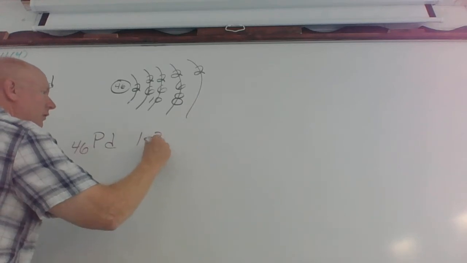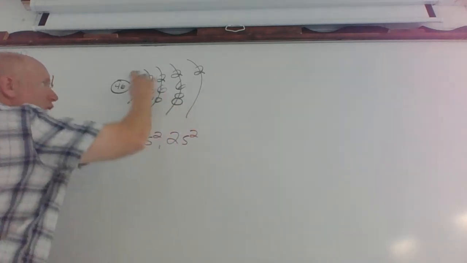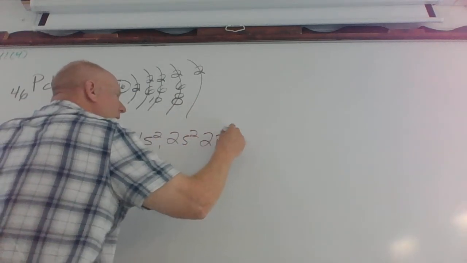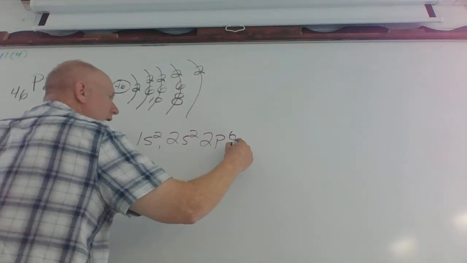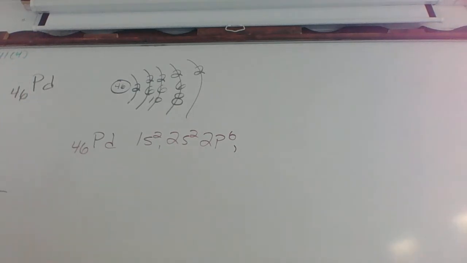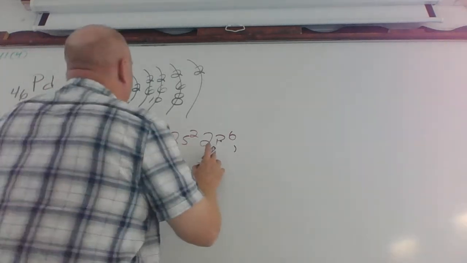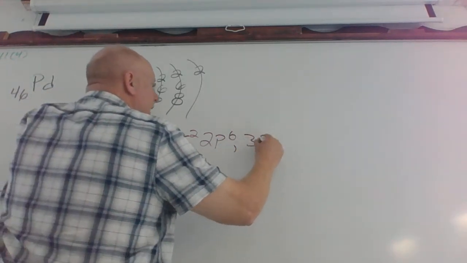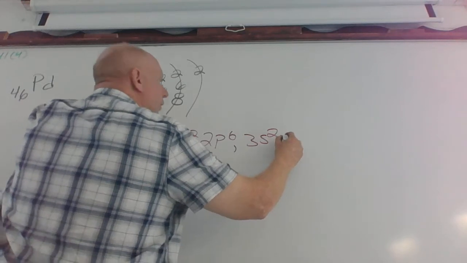1s2, 2s2. And notice we're going right in order that we put them up here for your Bohr model. And all these exponents will add together to get what? 46. So we're right there, 2p6. So 3s2, 3p6.